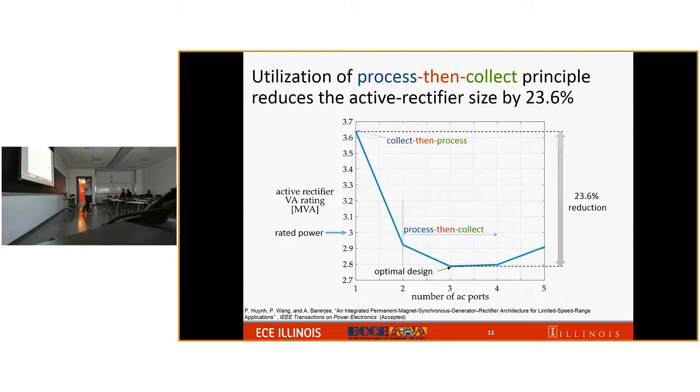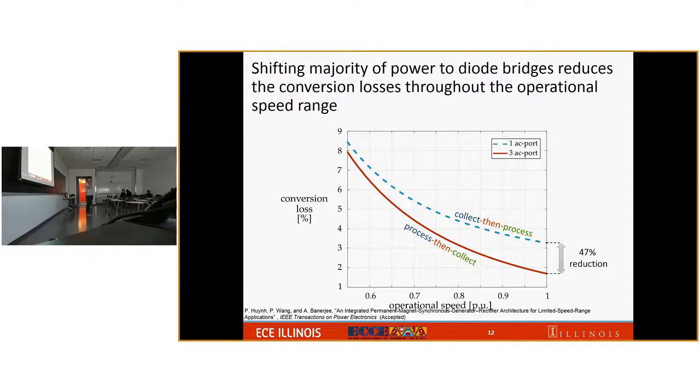That could help you reduce the cost of the power electronic system. Another key benefit is that we're shifting most of the power to the diode rectifier, which doesn't have switching losses, so you improve the conversion efficiency across the whole operating speed range.